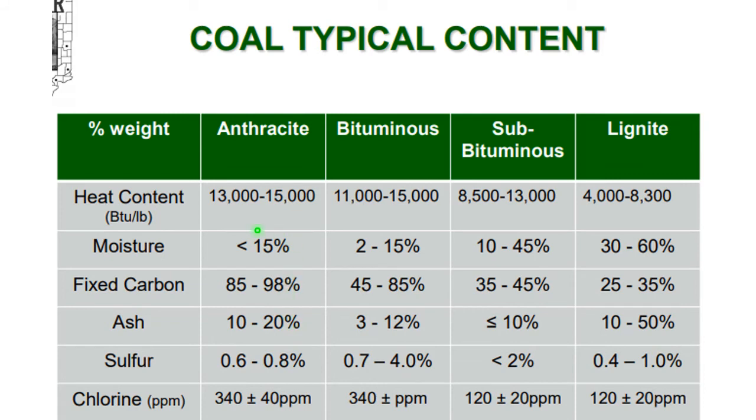When we look at chemical analysis, we see that we always have around 0.5% to 1% of sulfur even in the best source of coal, and in some bituminous coals we can have up to 4% of sulfur.